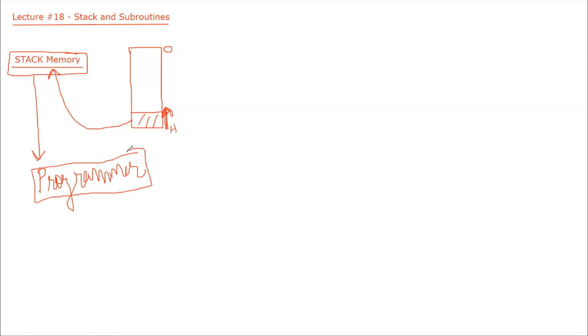It is not specified by the microprocessor itself. What I mean to say is, whenever a programmer is in need of a stack, he will inform the processor that I will use some portion of the memory as a stack.